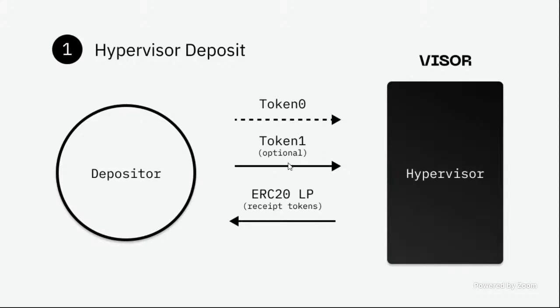The second one is optional. But if you do, you can deploy them in the ratio that represents the Uniswap V3 LP position. And in exchange, you receive an ERC20 receipt token that represents your share of the whole position in the pool. And remember that a pool is determined by an asset pair and a fee tier.